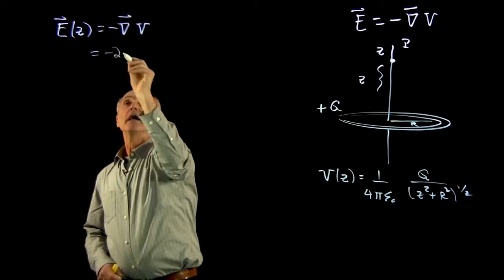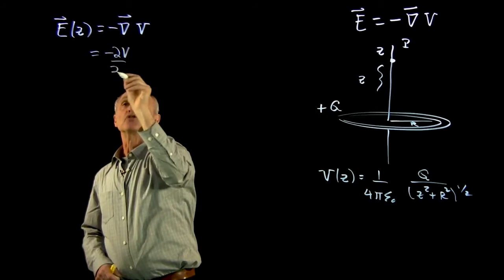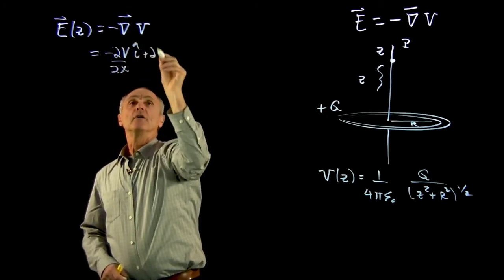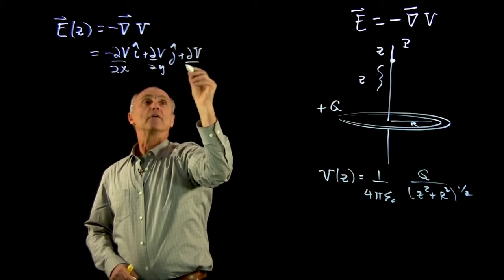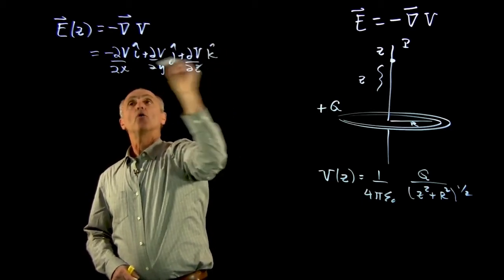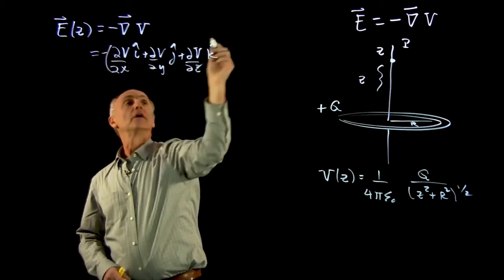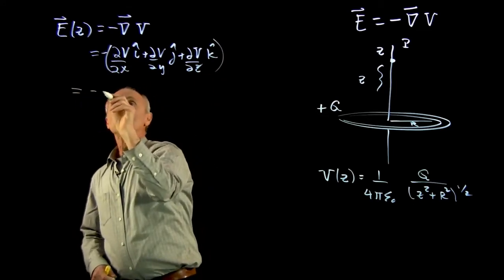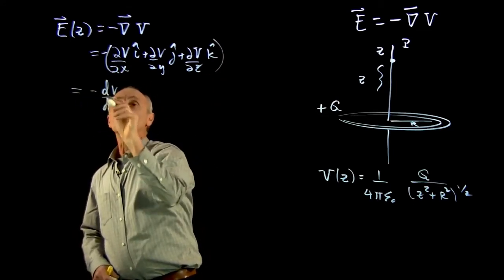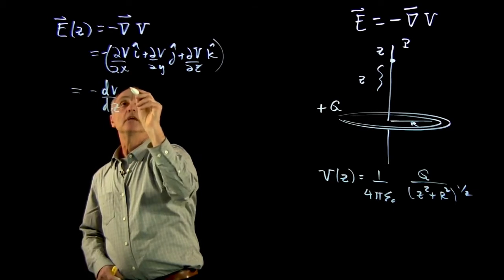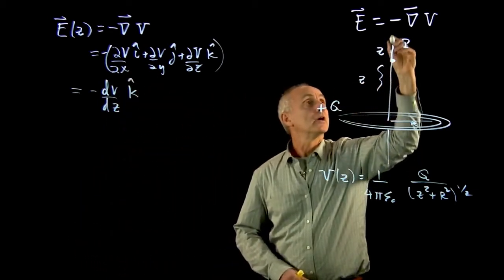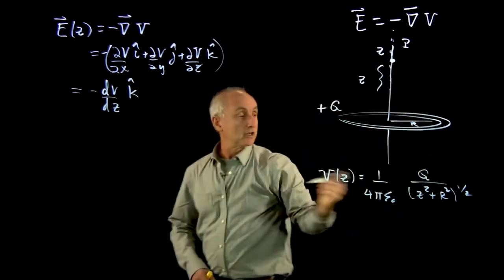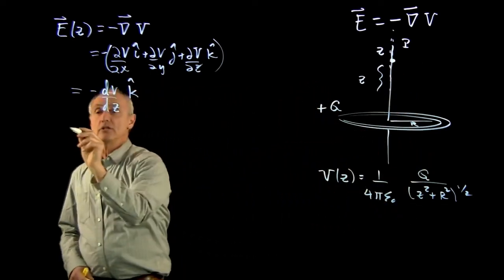In general, the electric field is the gradient of the potential with an overall minus sign, and the potential has a variety of terms in it. But in this case, it reduces to a one-dimensional calculation, dV/dz in the k-hat direction, because we're only looking at changes along this direction. And that's an easy function to differentiate.